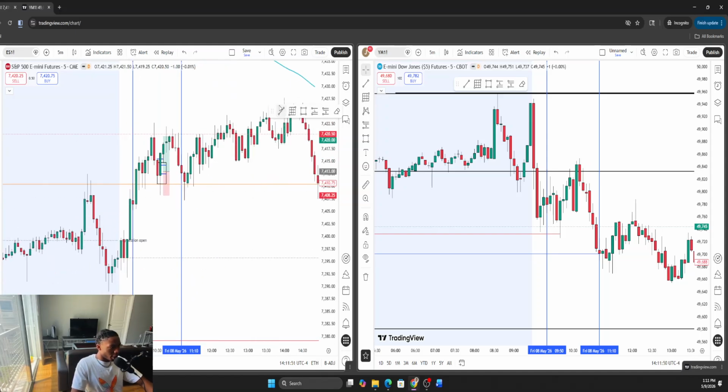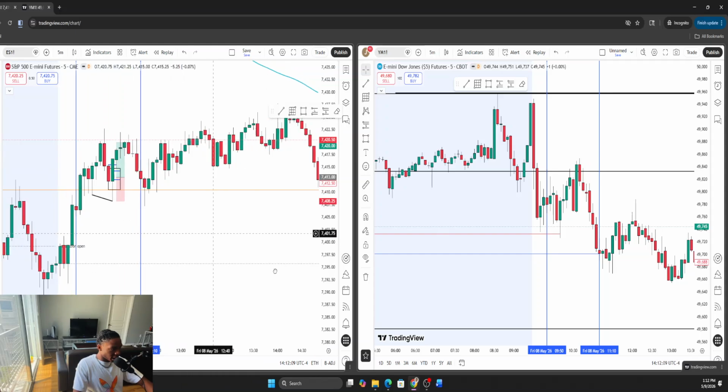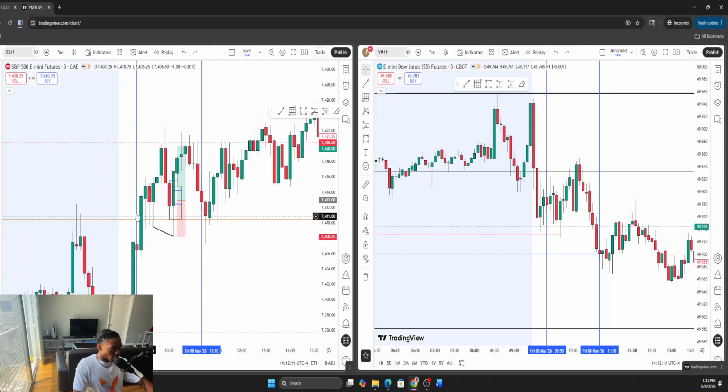What can we then look for? We can look for SMTs, the draw on liquidity, all these other things. We can also just wait for another session to get grabbed. But in this case, what do we actually have? We are taking liquidity. Every single down and an up is a low, so these are two lows, and look at how these lows play a part.